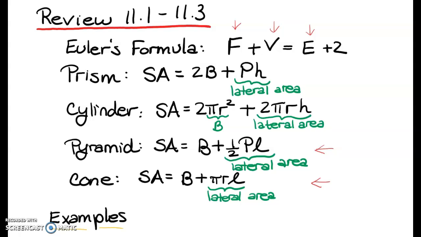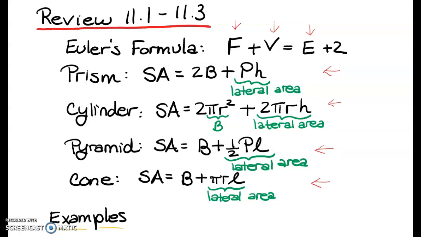Two videos ago, for 11.2, we talked about the surface area of a prism and the surface area of a cylinder. And just as a reminder, the surface area of a prism has 2 bases, one on top and one on bottom. They are parallel to each other. So the surface area is 2 times the area of one of the bases, because there's 2 bases, plus the lateral area, which is the perimeter of a base times the height of the prism.